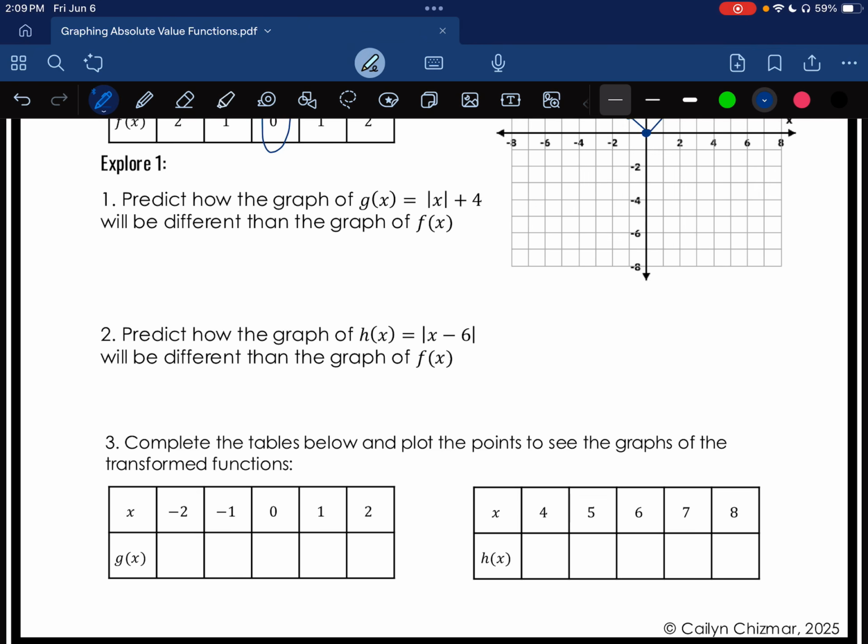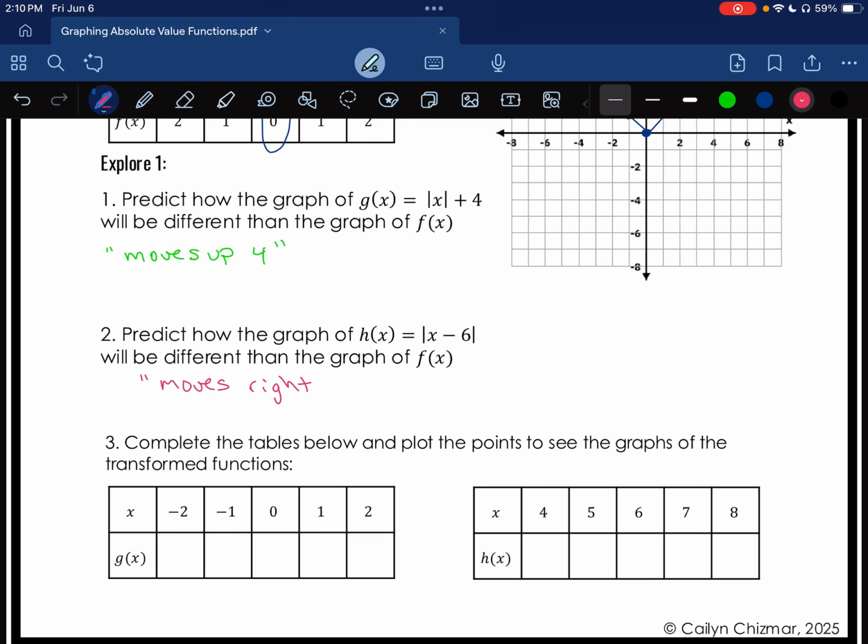All right, of course your answers are going to vary, but you probably said something like moves up 4 for this one, and perhaps you said something like moves right 6 for this one.